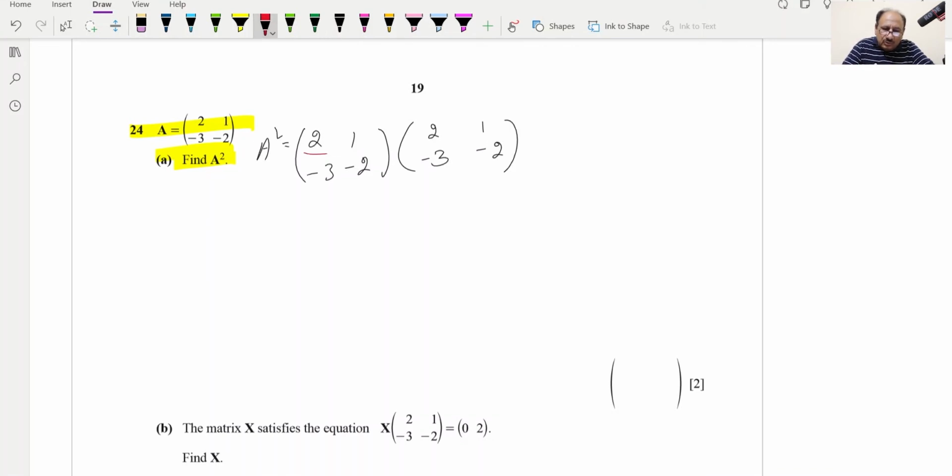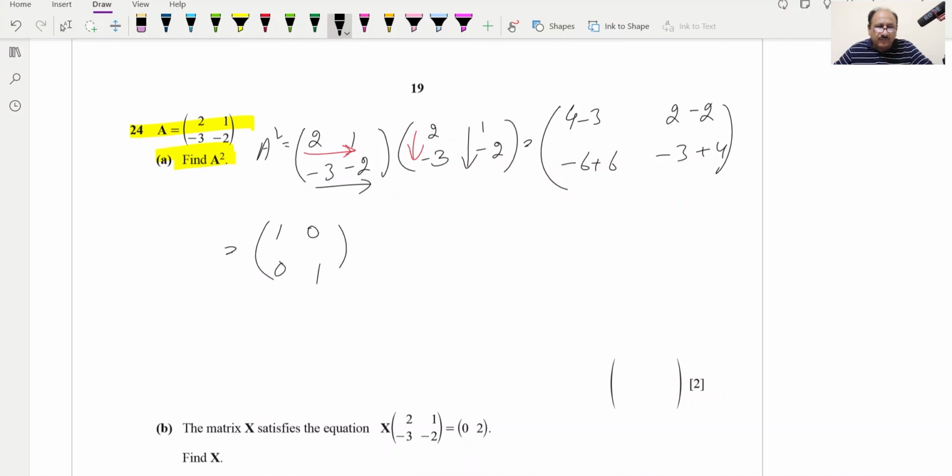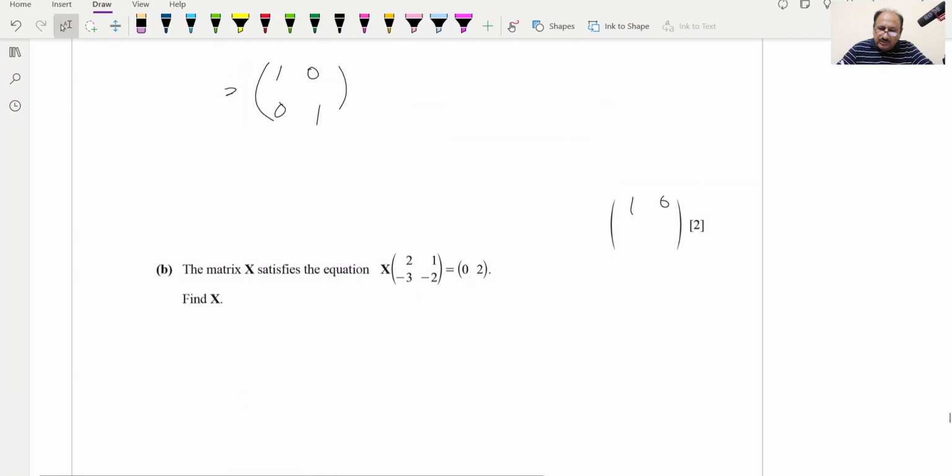First row, first column will be multiplied, and we will get 2 into 2 will be 4, and minus 3, and then first row and second column, so it will be 2 and minus 2, and then second row and first column, so it will be minus 6 and plus 6, and second row second column will be minus 3 and plus 4, and this will be equal to 1 0, 0 1. After multiplication we can write the answer over here at the proper location.